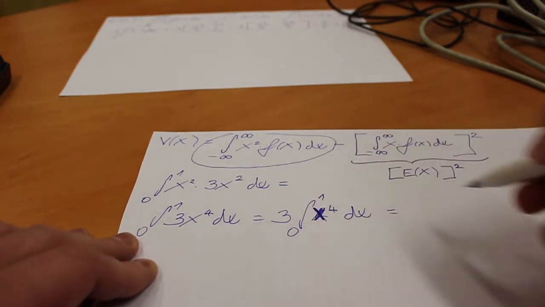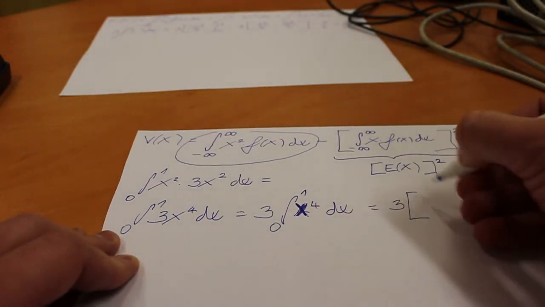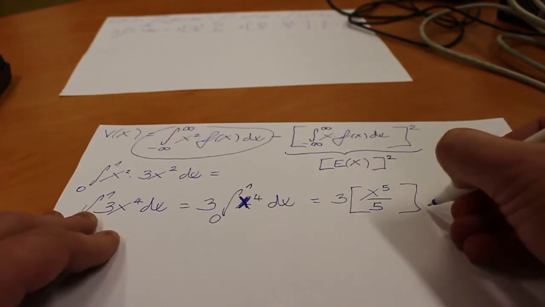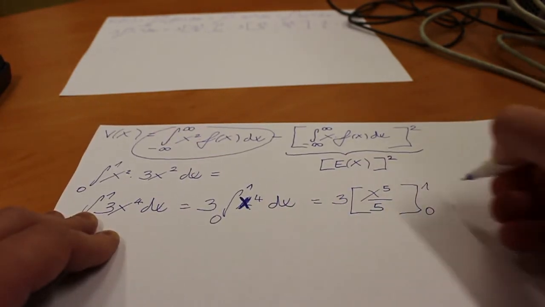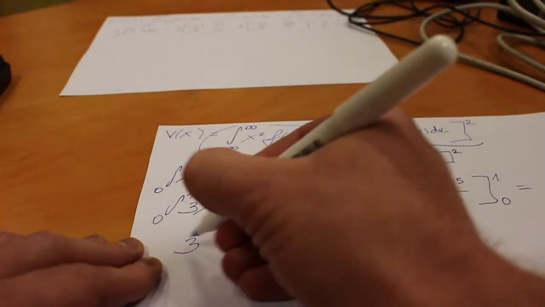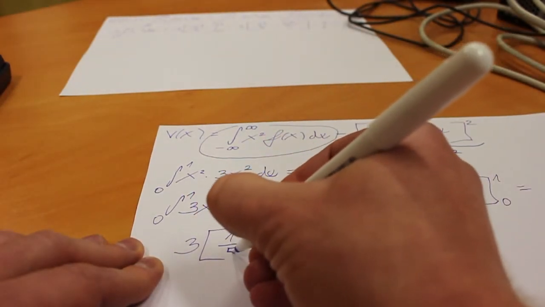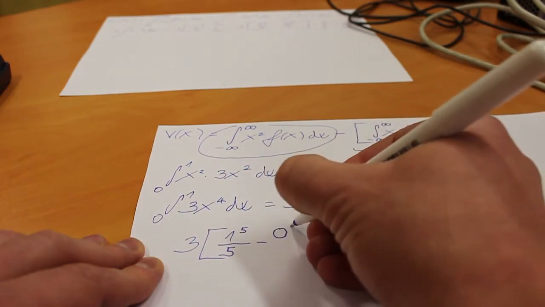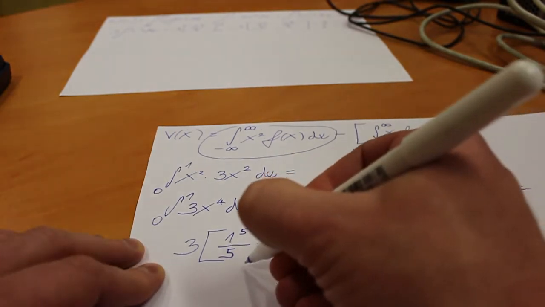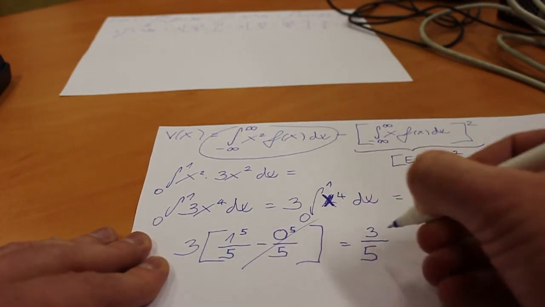This simple function can already be integrated. So 3 times the parenthesis x to the power of 5 divided by 5, lower bound 0, upper bound 1. This can be written as the difference 3 times 1 to the power of 5 divided by 5 minus 0 to the power of 5 divided by 5. I will close the parenthesis. This is equal to 0, and the result is 3 divided by 5.